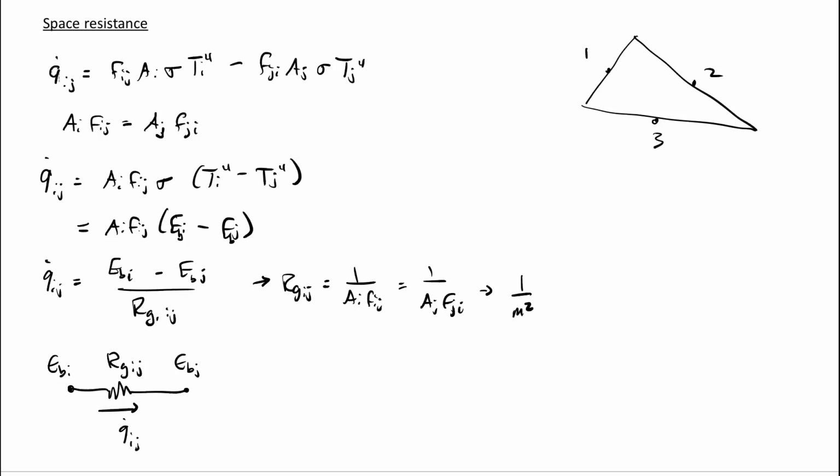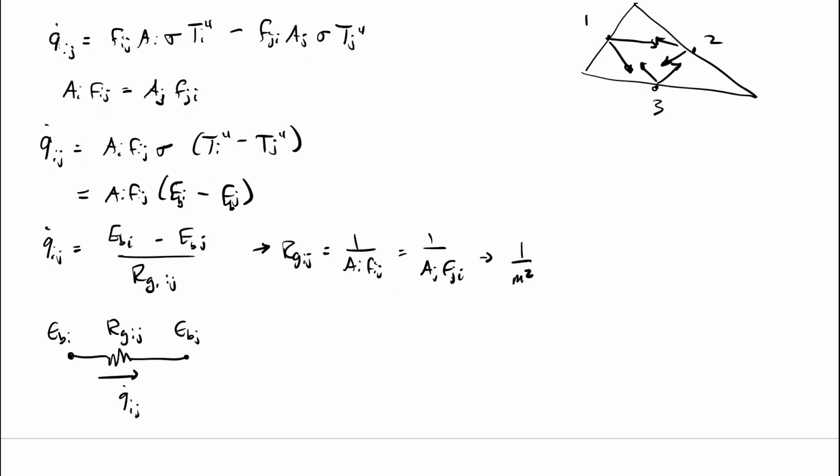I would start by looking at surface 1. Surface 1 can definitely exchange with surface 2. Surface 1 can also exchange with surface 3. 3 can go to 1, 3 can go to 2, and vice versa. So you have basically a three-node resistance network that we can draw that characterizes this problem. So we could do that down here.